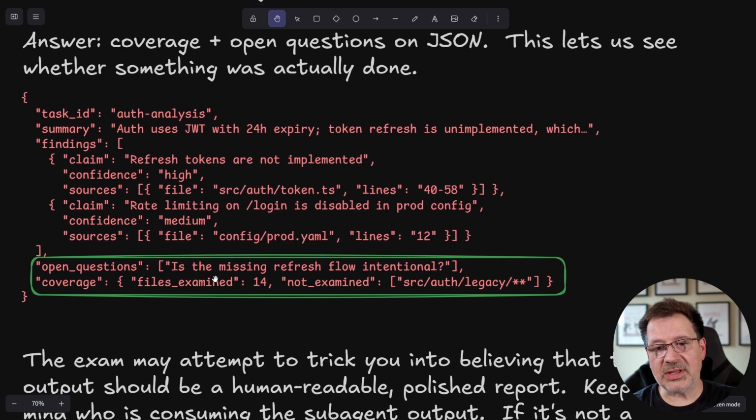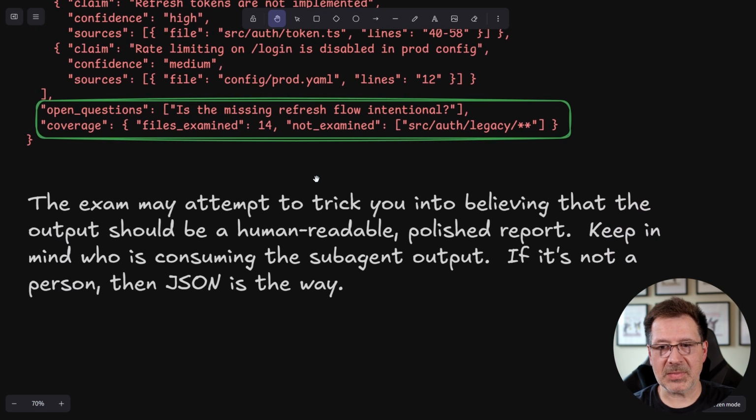So essentially what this will do is force the agent to write something here that says, okay, I went and looked at these files and did all of this stuff. And even though I looked at all of this stuff, I didn't find anything worthwhile. So we can then decide whether or not this is something, or if we had a bad prompt, or there's some other issue causing a problem.